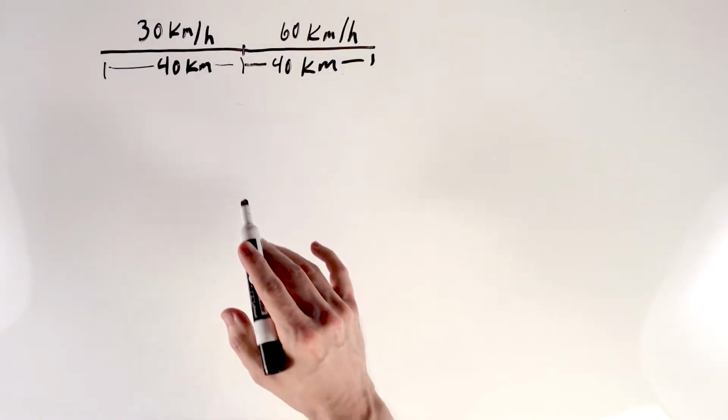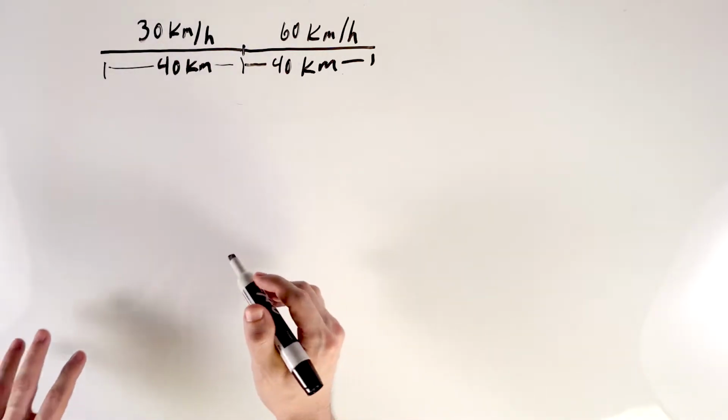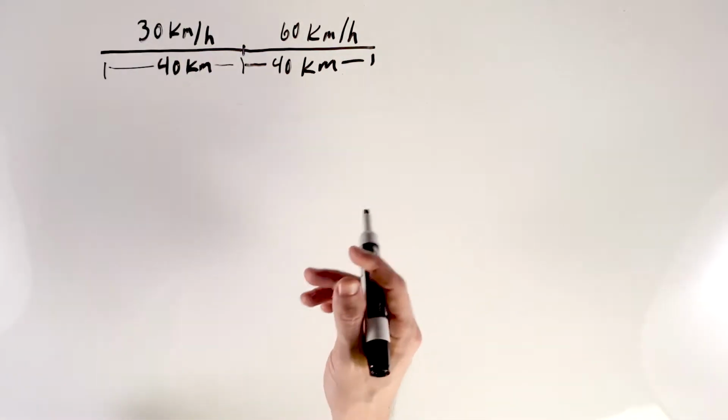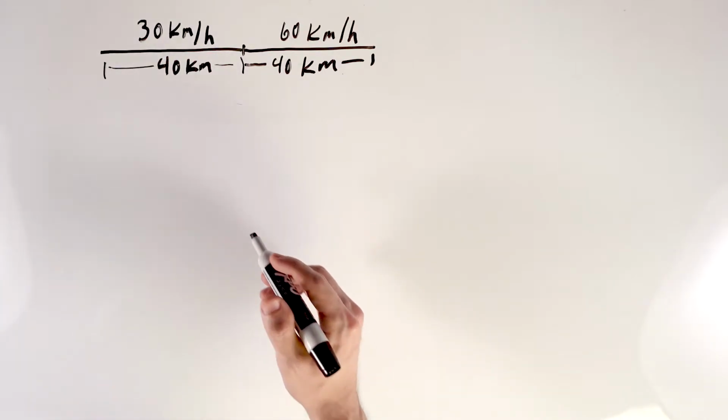If I have this here, what we want to do is break this up into two parts. And we want to use the physics equations we learned in this chapter, right?